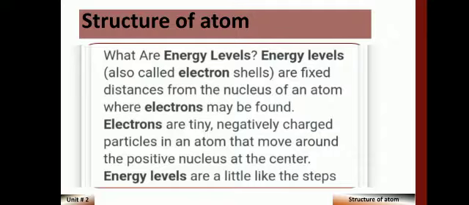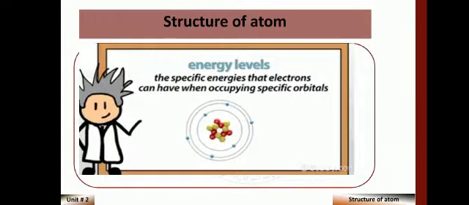Electrons are tiny, negatively charged particles in an atom that move around the positive nucleus at the center. Energy levels are a little like steps. What are energy levels? They are the specific energies that electrons can have when occupying specific orbitals. Orbitals are called sub-energy levels, that is x, y and z orbital.